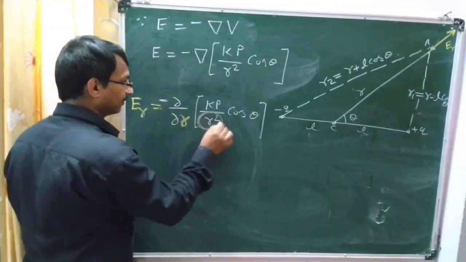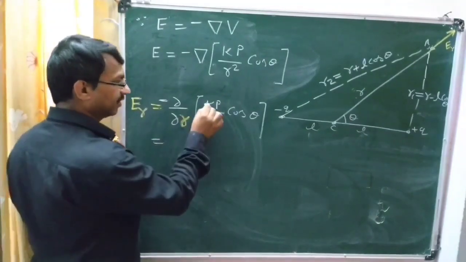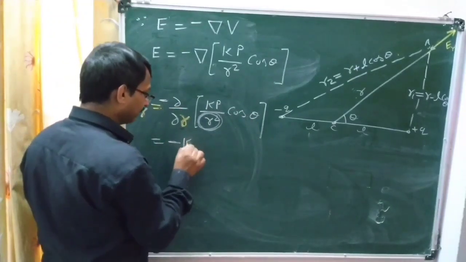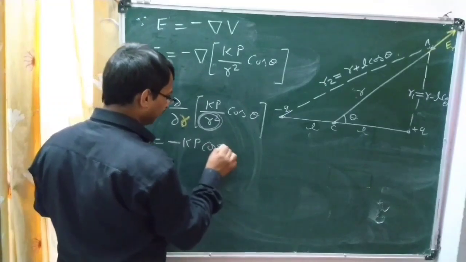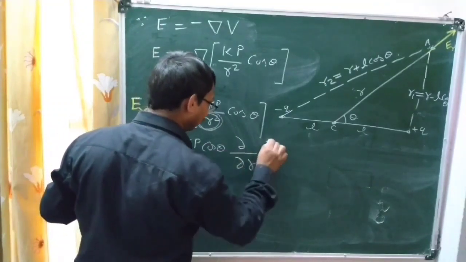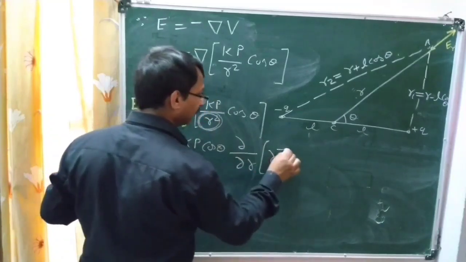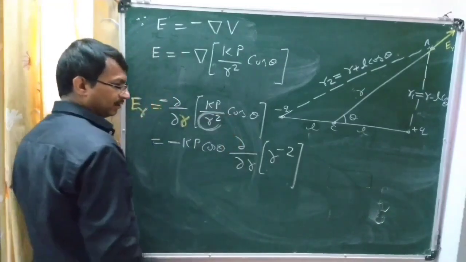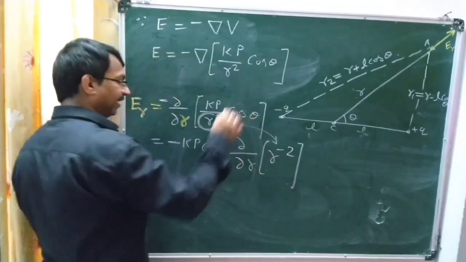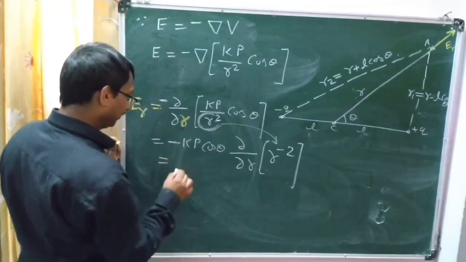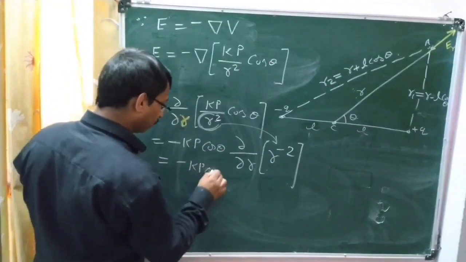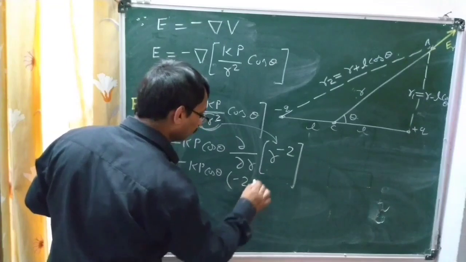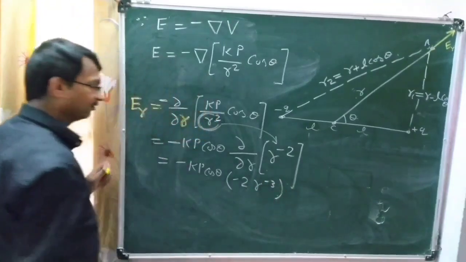Differentiate this. K is constant, P is constant, cos theta is constant, minus is constant, so minus Kp cos theta. It becomes del by del r of r to the power minus 2. This is r to the power minus 2, on differentiating, minus 2 r to the power minus 3 you will get.